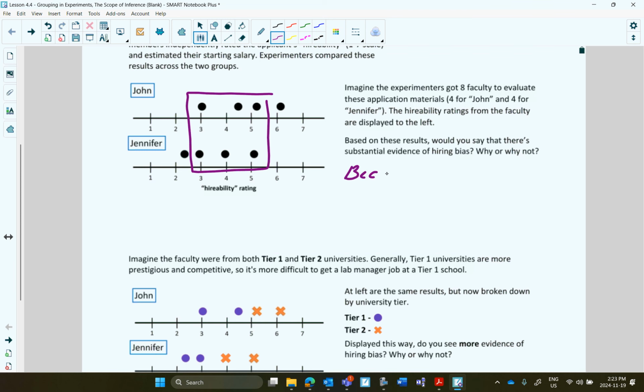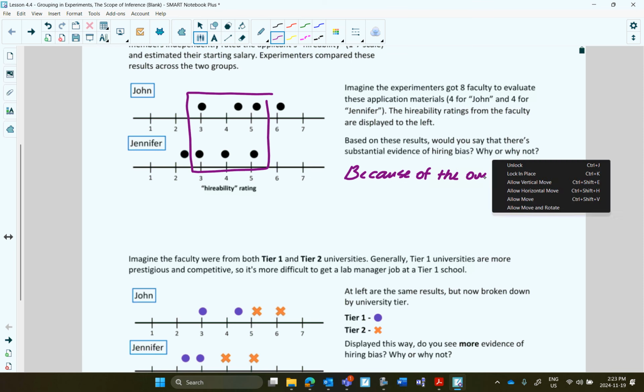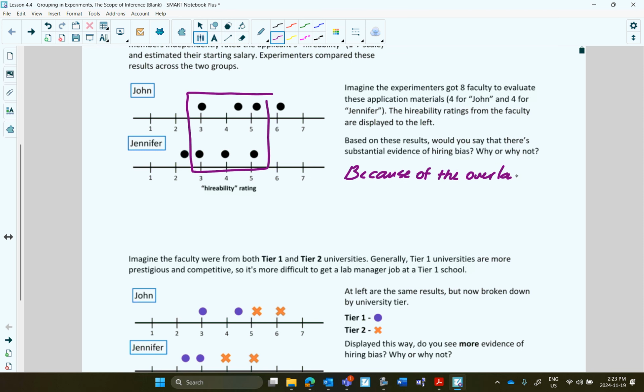Because of the overlap, there is just a small advantage for John.